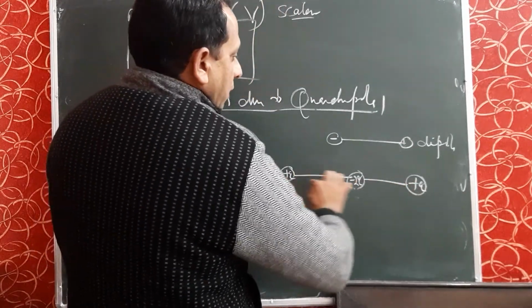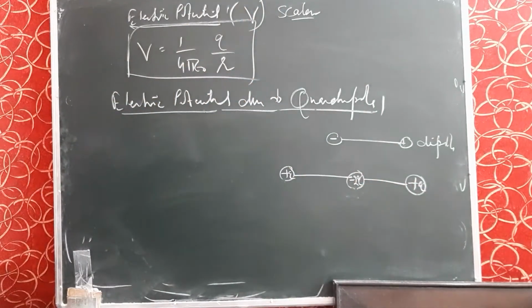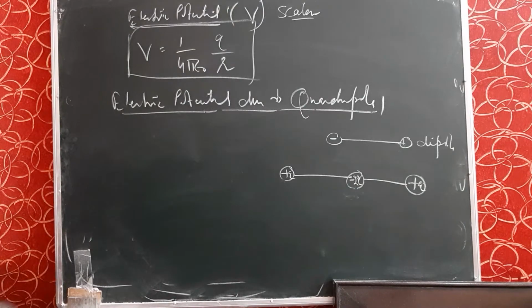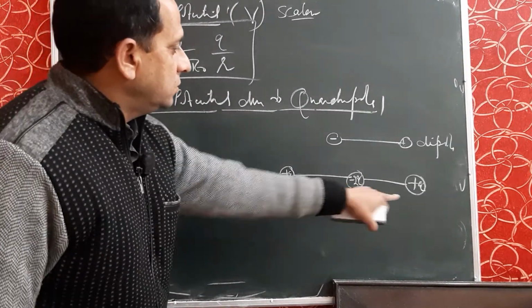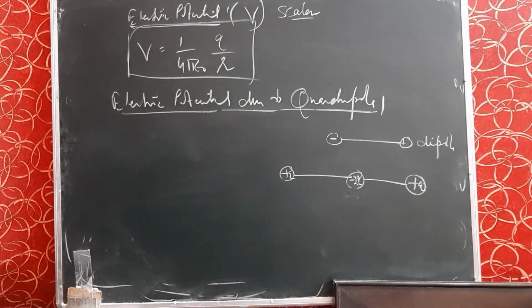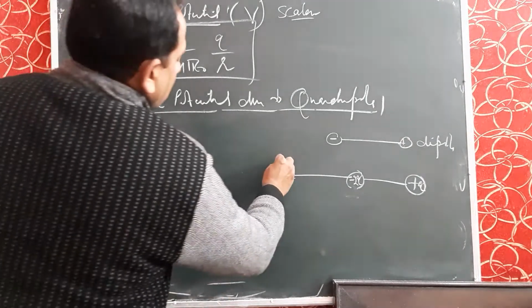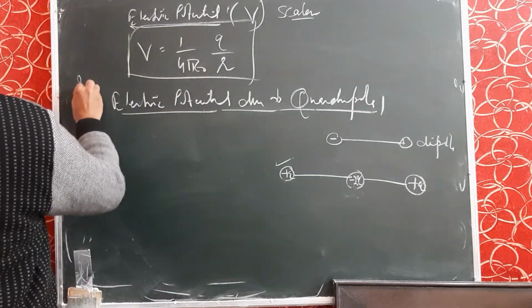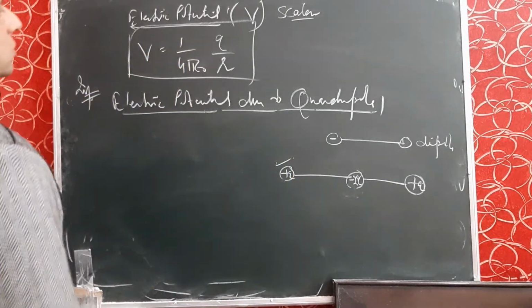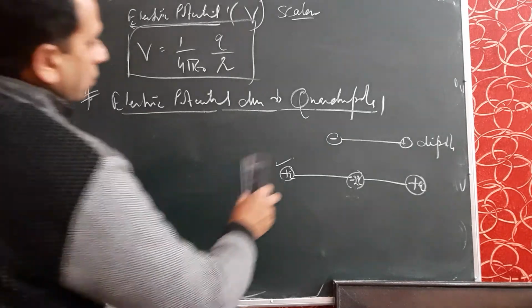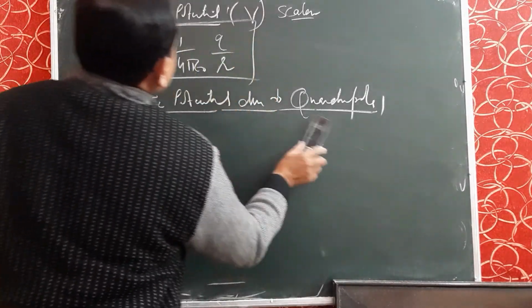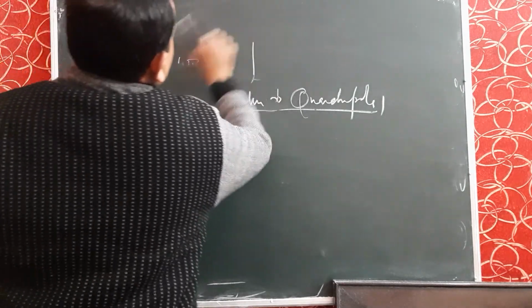Both dipoles are placed in a collinear manner and the negative charges are combined at the center. So, this is a linear quadrupole, and we will find the electric potential due to it. This is an important article, and it has not been studied in the lower classes. I will solve the electric potential due to this quadrupole in our next lecture.